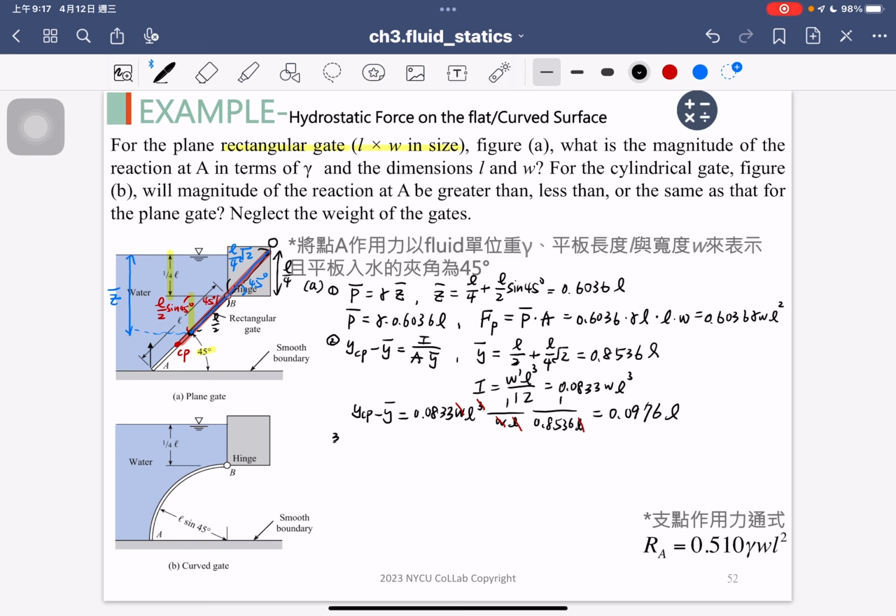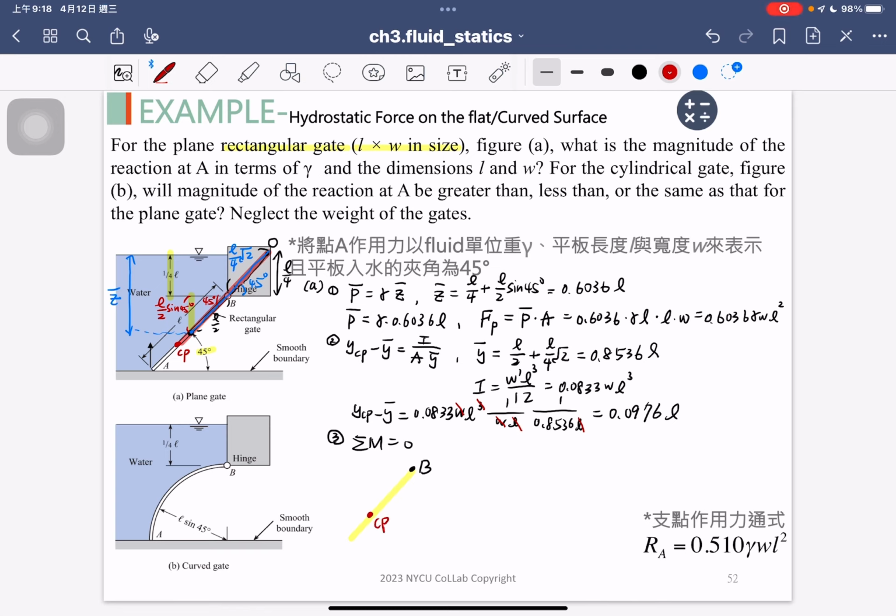The third step, we should have the moment balance. So I would like to replot. This is our plane panel, and the point here is B. The red dot there is the CP point.